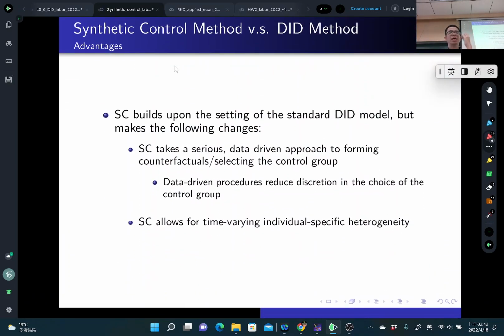So synthetic control actually builds on the setting of the standard difference-in-differences model, but makes the following changes. It has some advantages. The first advantage is we will use a data-driven approach to construct the control group, the counterfactual.